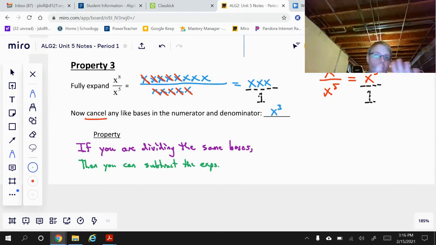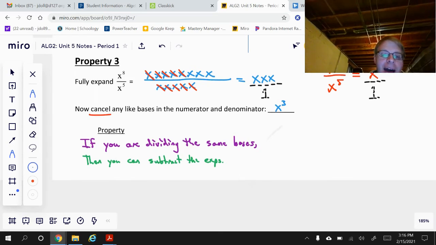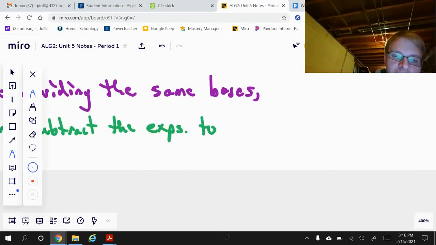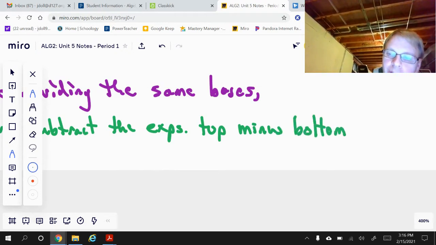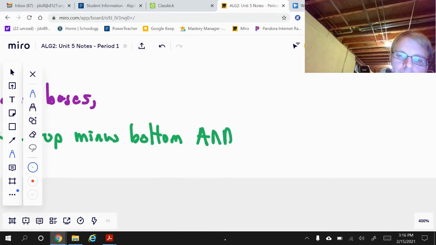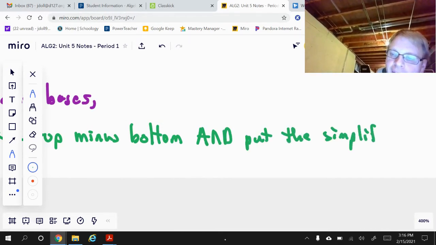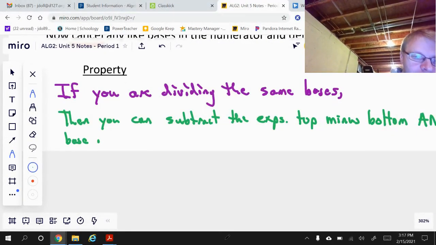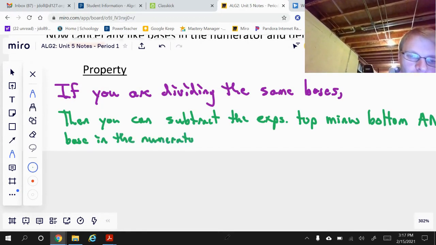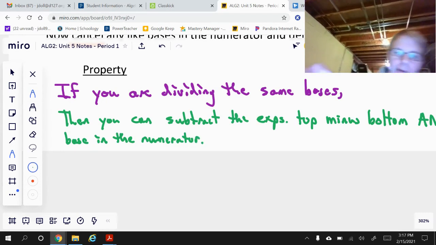I do not care if you have learned this a different way, if you do this slightly differently than what I'm showing you here, but the way I'm going to explain it in the notes is the order is top minus bottom. You can subtract the exponents, top minus bottom, and then here's the important thing, put the simplified base in the numerator.